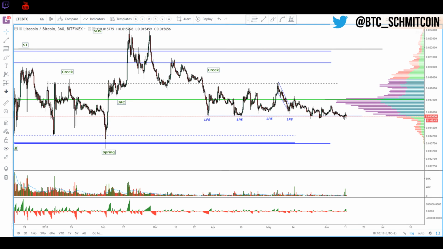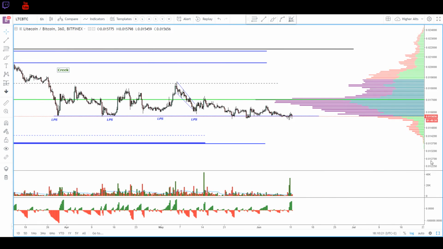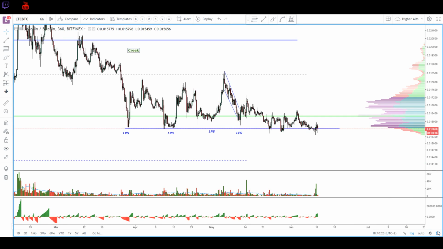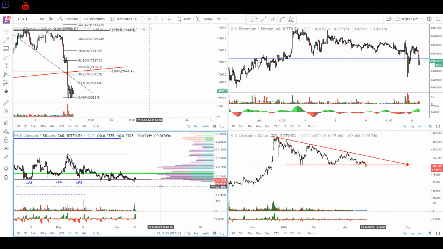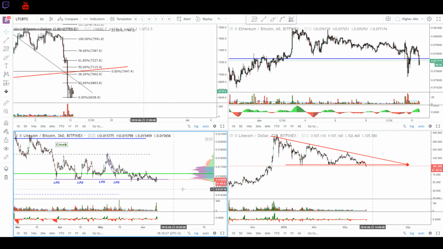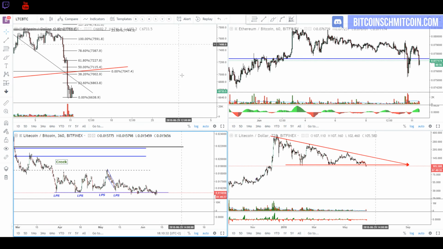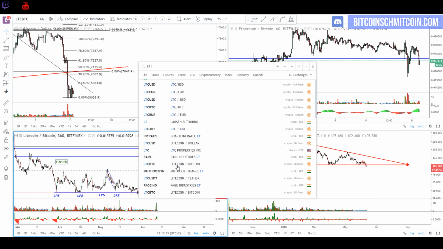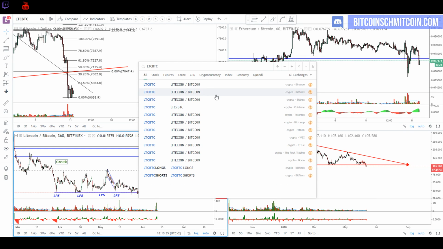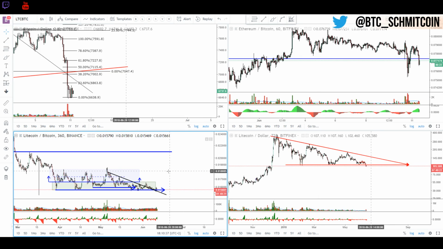Pretty likely Litecoin goes down with Bitcoin heading downward. I don't think the USD pair is going to go down. I'm just saying that the Bitcoin pair for Litecoin is holding up really well. It hasn't really budged from support with all of these downward moves.